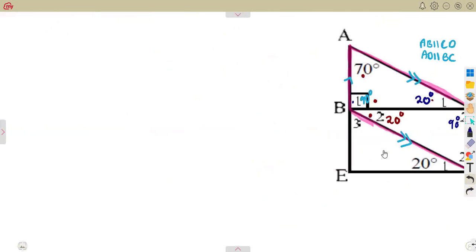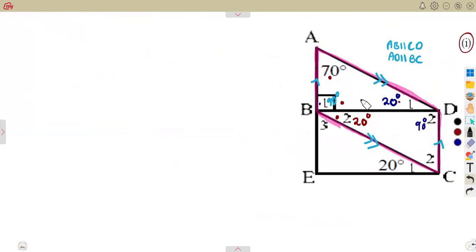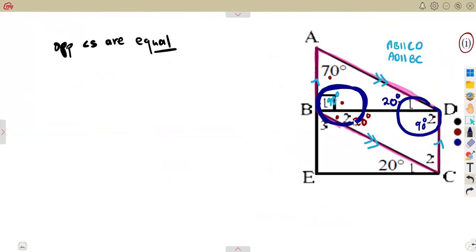This is another way that we could have calculated angle B2. Remember what I said about a parallelogram, opposite angles are equal. In any parallelogram, opposite angles are equal. So what does it mean? It means that the whole of angle D is equal to the whole of angle B combined.